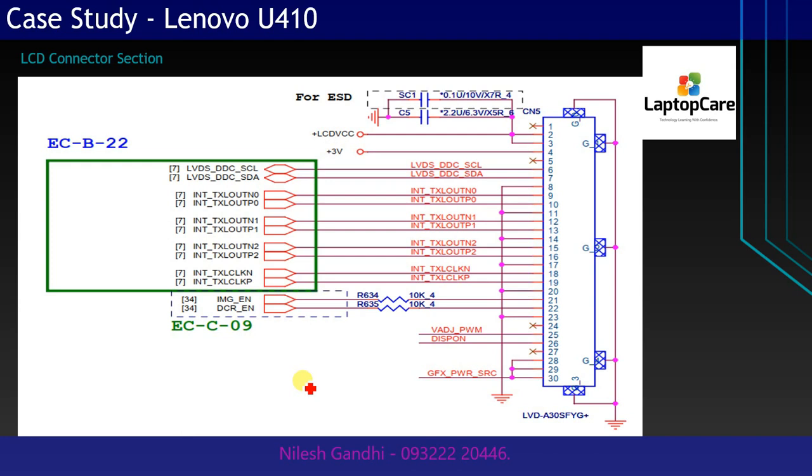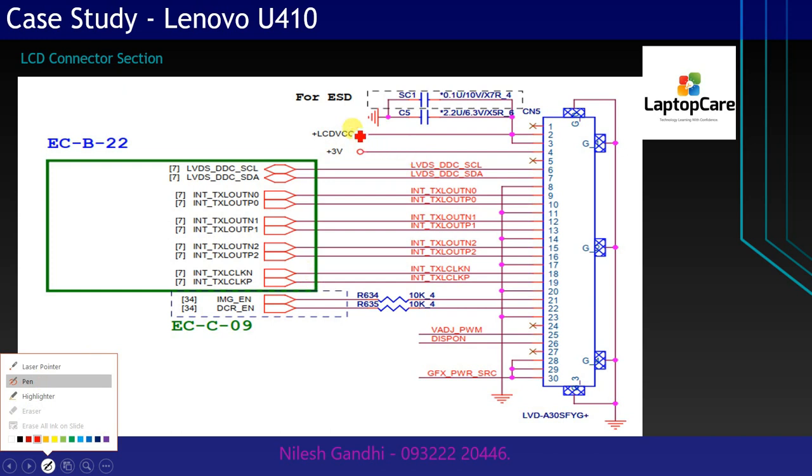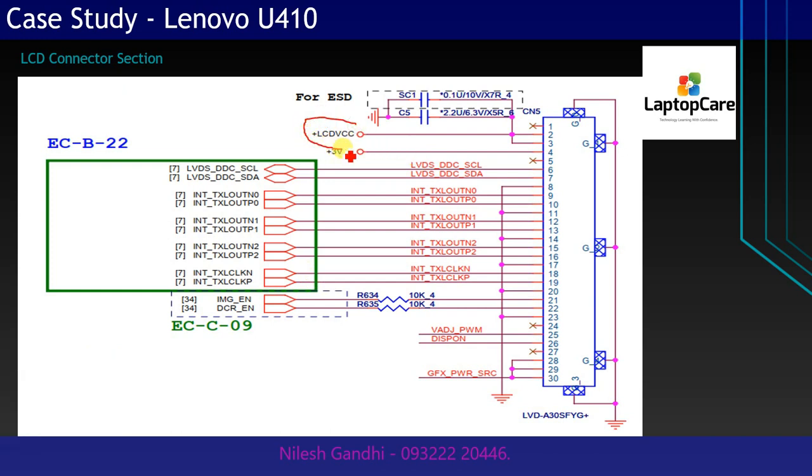Here we went straight to the LCD display connector on the board, which is CN5. On pin number 2 and 3 is plus LCD VCC, which is the supply for the LCD.